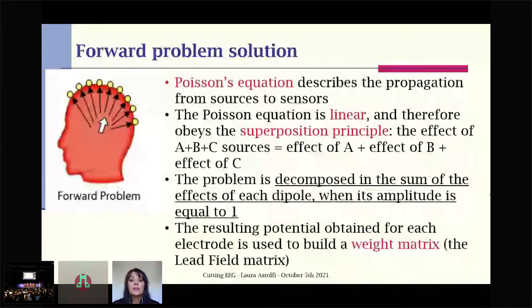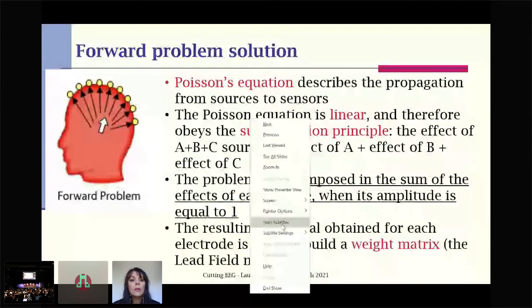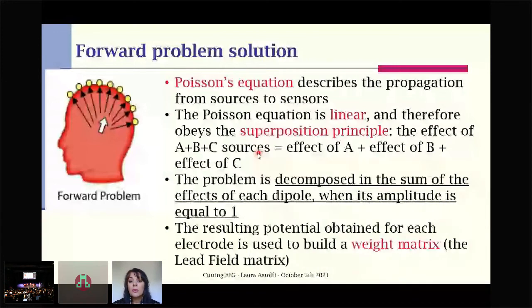The good point is that since the Poisson equation is linear, it obeys the superposition principle, which means that if we want to compute the effect of 3, for instance, sources simultaneously active to the scalp, we can obtain that effect by summing the separate effect of the first source by itself, the second and the third one, each of them considered as if they were the only source active in that moment. So we can sum up the effects.